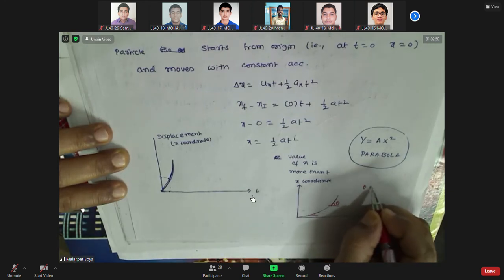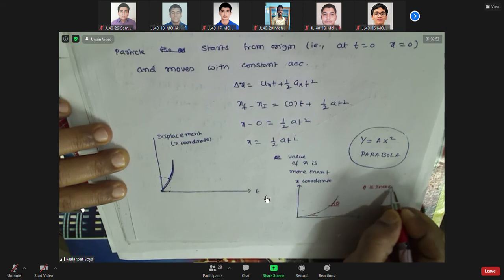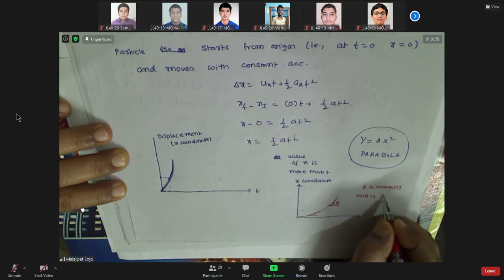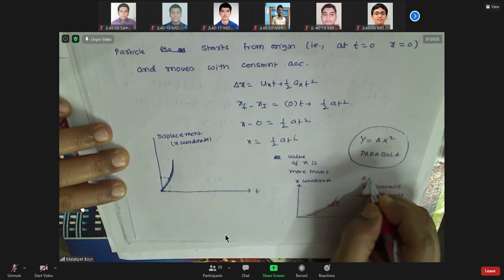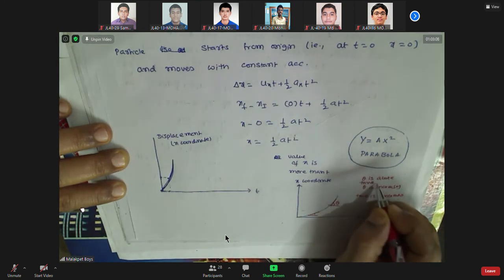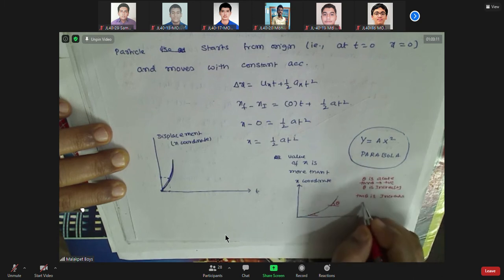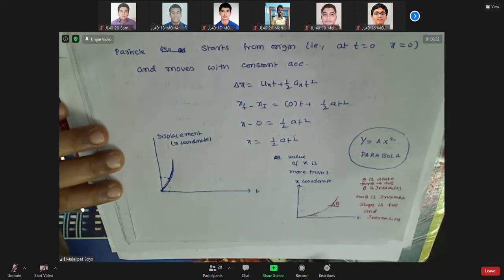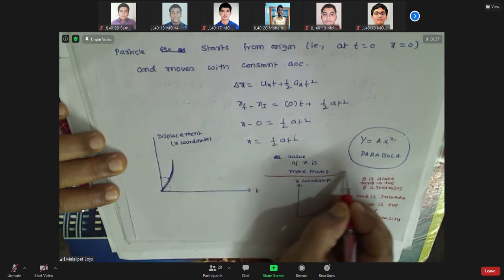Theta is increasing, so tan theta is increasing. Theta is acute, no? Therefore, tan theta is positive. So slope is positive and increasing. Remember this? I explained this earlier in maths, and I sent the notes also.